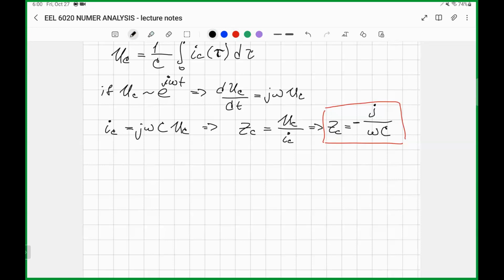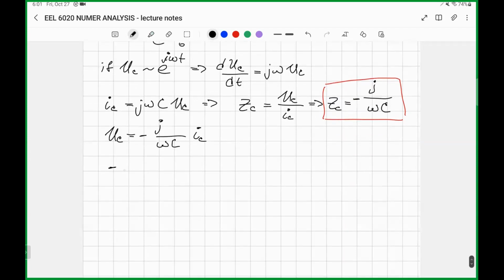What is the phase difference between voltage and current? We deduce that the voltage is equal to minus j over omega C times the current. What is minus j?